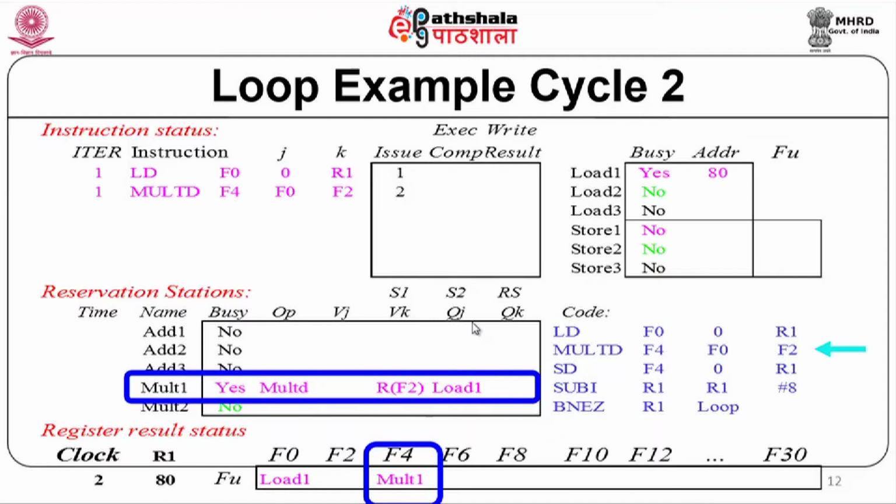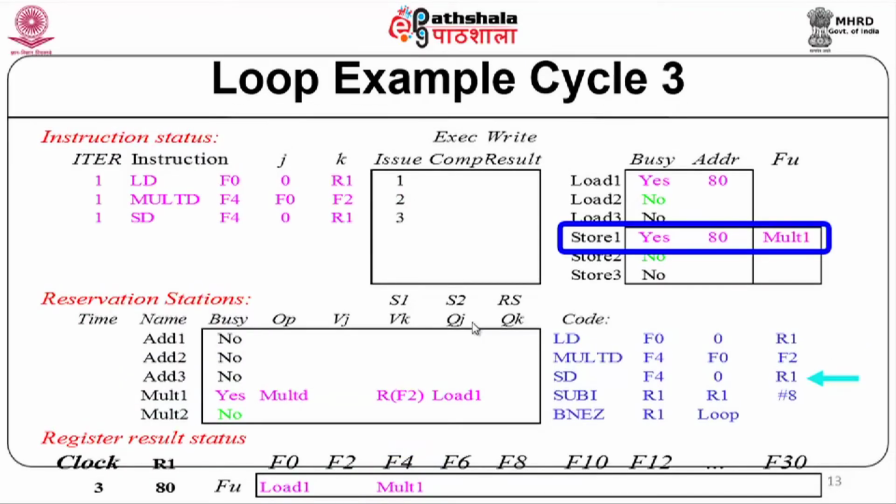So, the QJ field indicates that load 1 has to produce the result for your mul instruction. One operand is already available, F2; you do the renaming process here, you read it from the register F2 and already store it in your reservation station. The other operand has a true data dependency, so you are waiting for the load 1 instruction to finish.